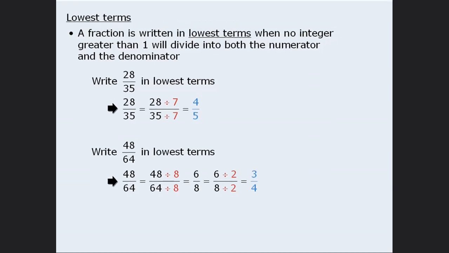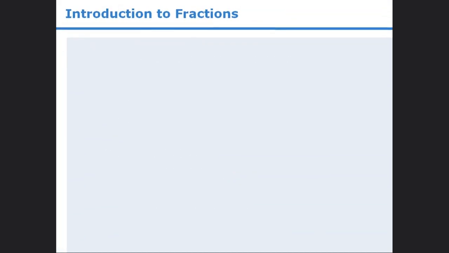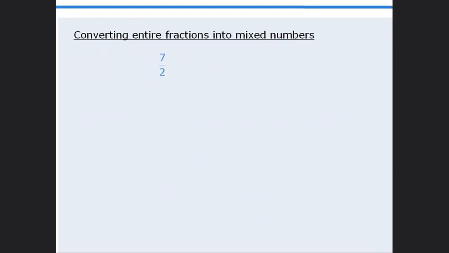Okay, another topic related to fractions is that of entire fractions and mixed numbers. In cases where we have a fraction where the numerator is greater than the denominator, we can express this fraction in two ways. We can leave it as one fraction, or we can write it as a combination of an integer and a fraction.